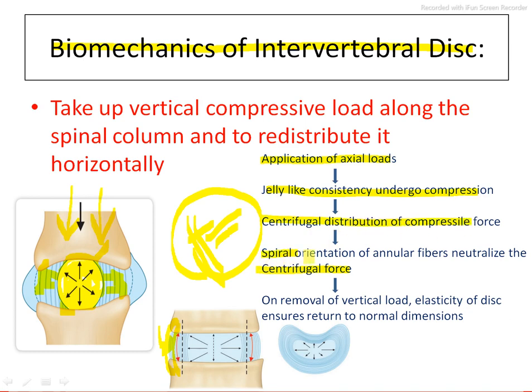Because of the spiral orientation of the annulus fibers, they neutralize the centrifugal force. Now, on removal of the vertical load, because of the elasticity of the nucleus pulposus, it again regains its normal dimensions. So in this way, the spine acts biomechanically.